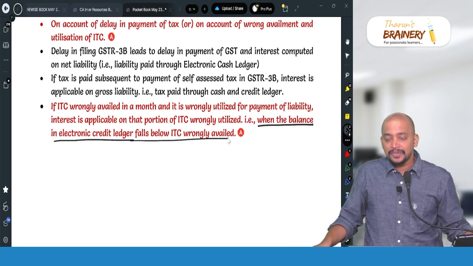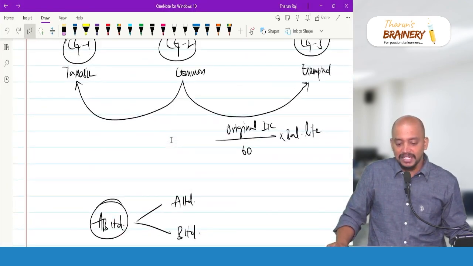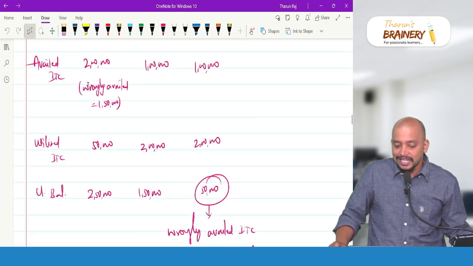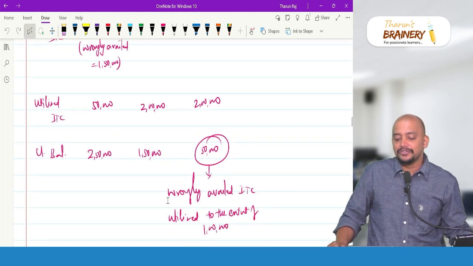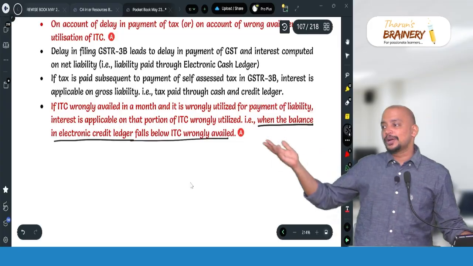Is it clear? That's what today we discussed, that is January month we have availed some ITC, and whichever month the balance in ITC falls below the wrongly availed ITC, in that month we have utilized the wrongly availed ITC to that extent. Okay, and next month 20th onwards we need to compute the interest.